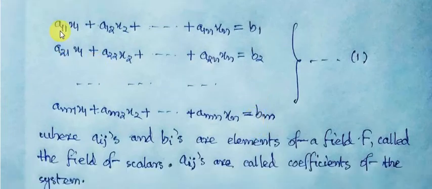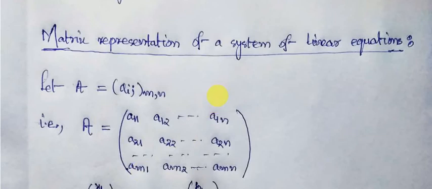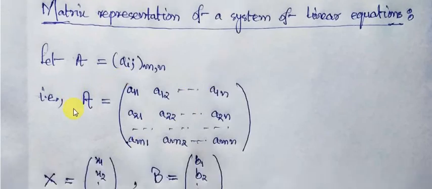Now we are representing this very system of linear equations in matrix form. So let us now see how to write this. Here I have written the matrix A.